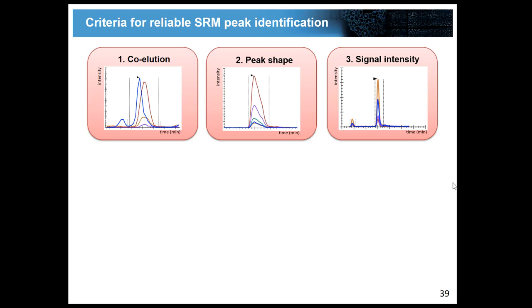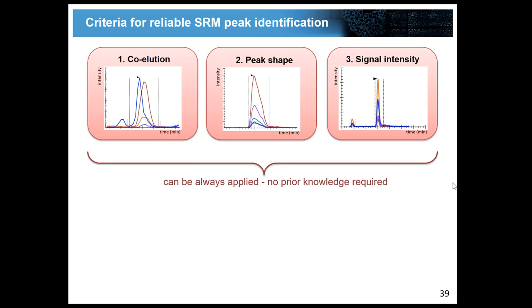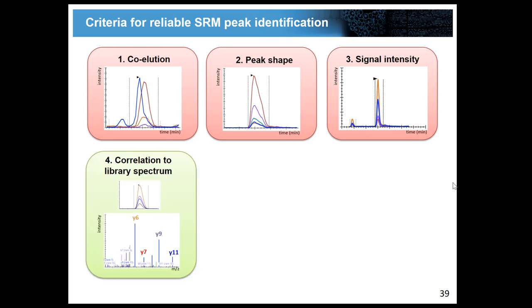These 3 criteria can always be applied just by looking at SRM data. You don't need any additional information. You can always check them. Unfortunately, and you will see this soon, this is often not enough to be really confident that you have picked the right peak. This is why it's important to have additional information. One additional piece of information is correlation to a library spectrum.